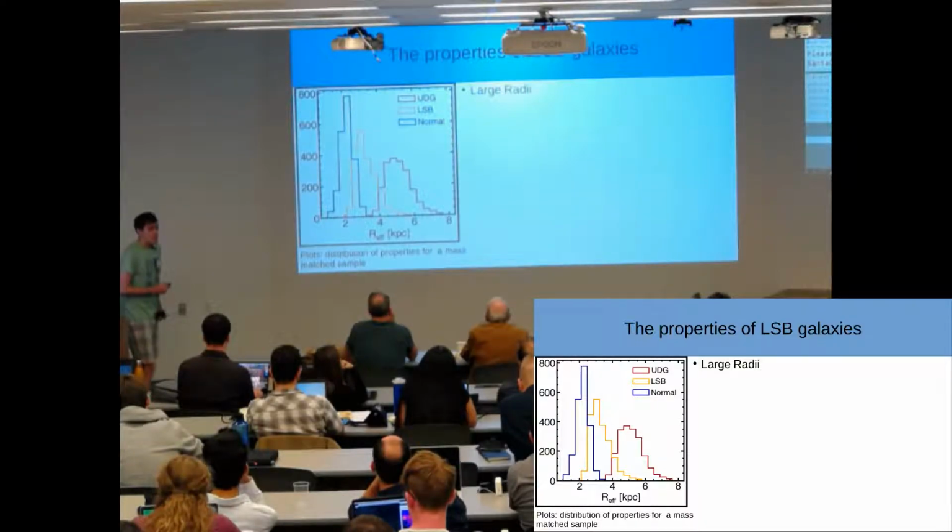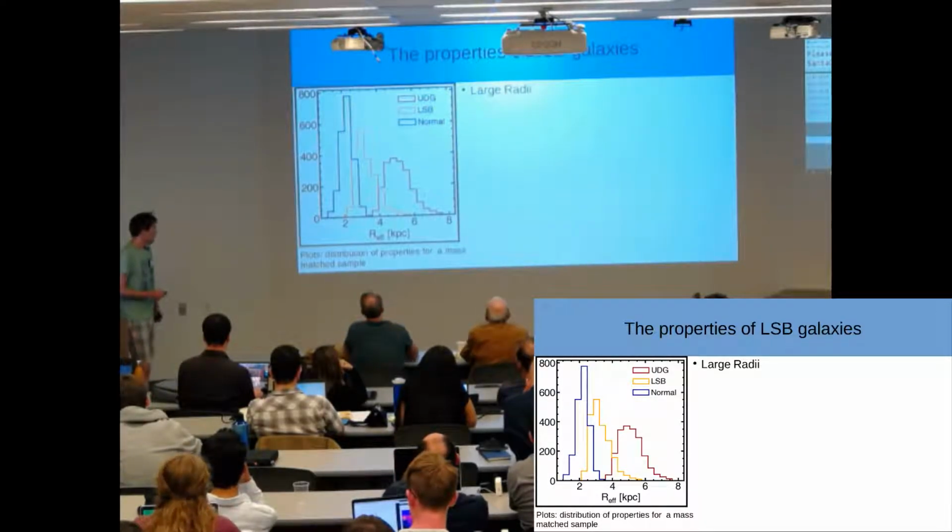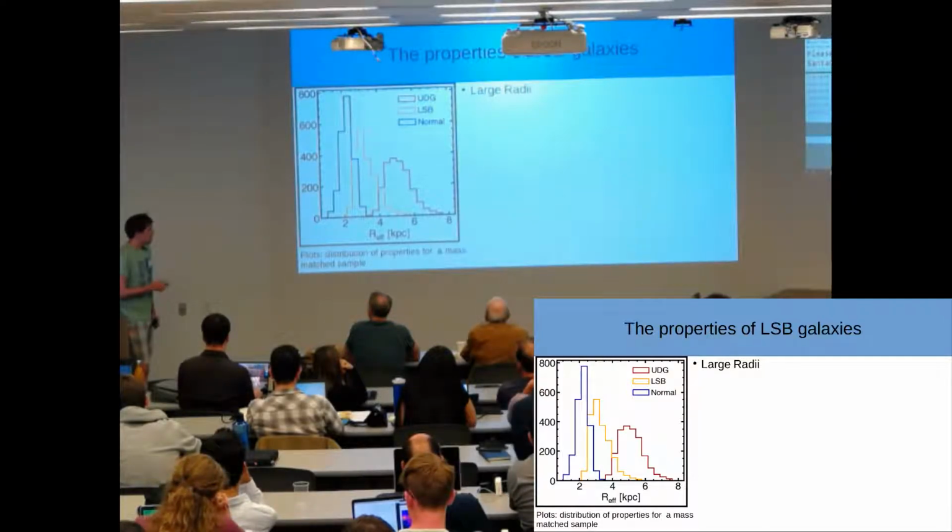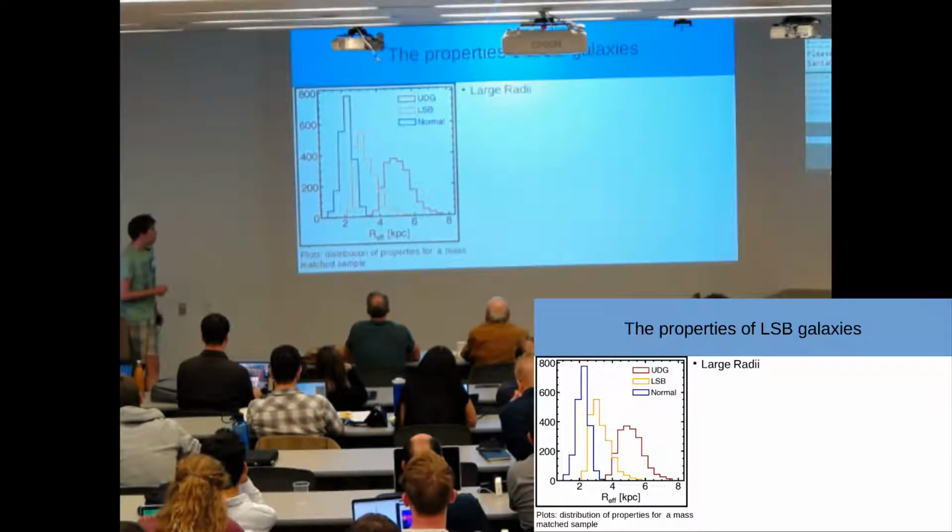In terms of the properties of these objects, I'm showing the distribution of a mass-matched sample of UDGs, LSBs, and HSB galaxies for various properties. These are the effective radii of these galaxies. Obviously galaxies that are ultra diffuse have large radii; that goes without saying.